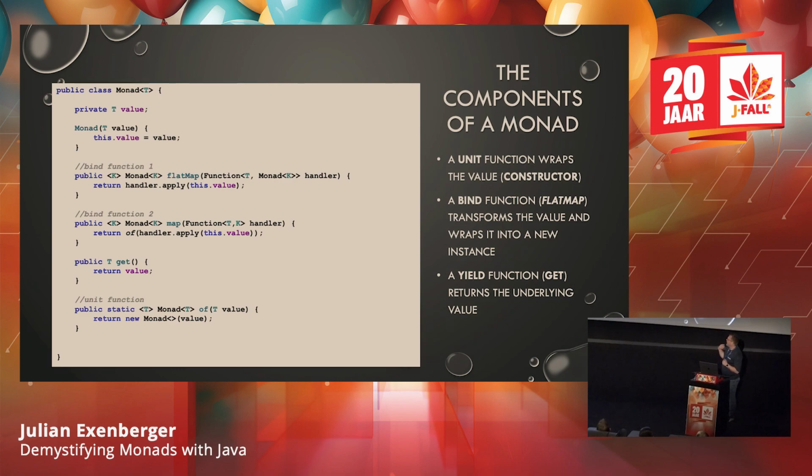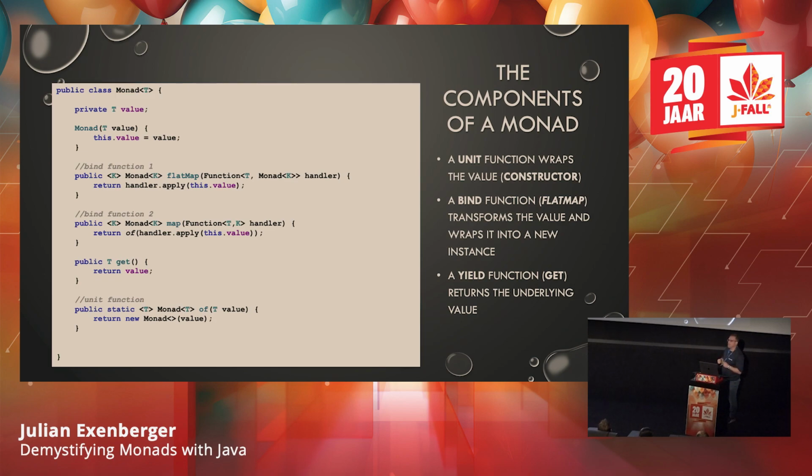Okay, in order for this to be a monad, you need to have a couple of components which make it up. Okay, so you've got what's called the unit function, or the constructor. So in our example, I've got a class monad, and my unit function, which creates the monad, is a simple constructor which takes a value of type t.